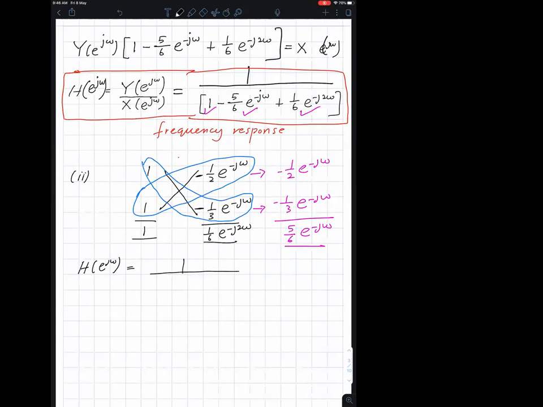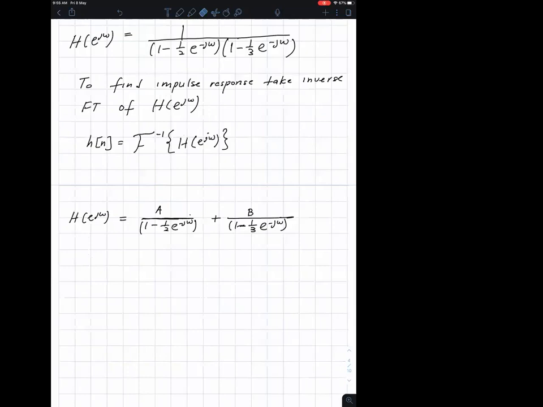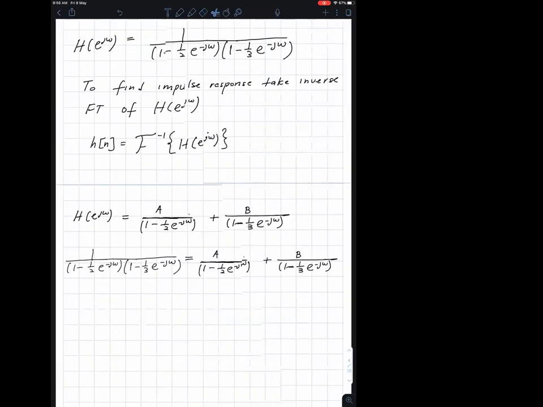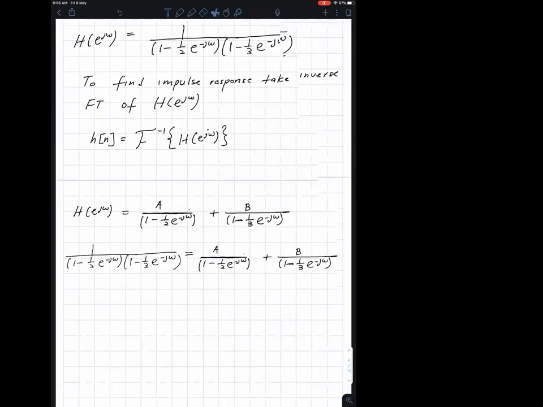Then you multiply by the denominator on both sides.